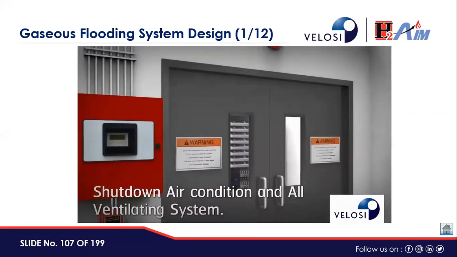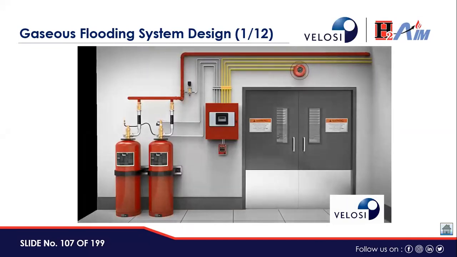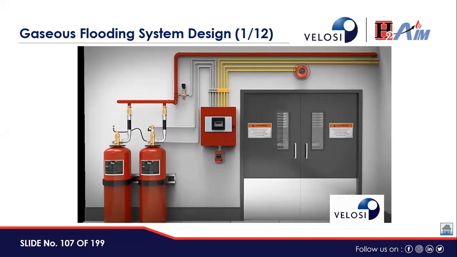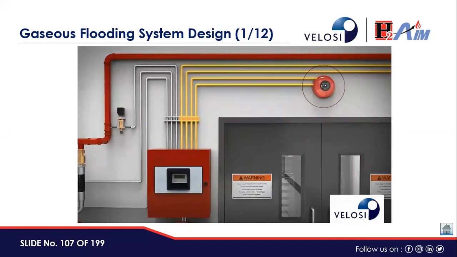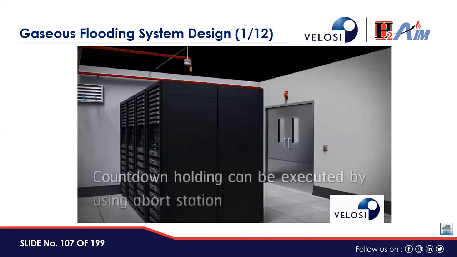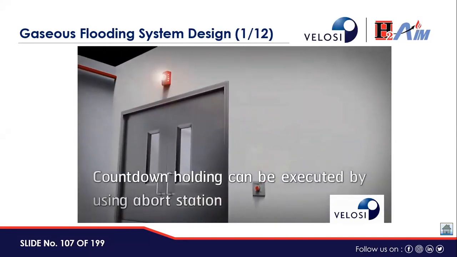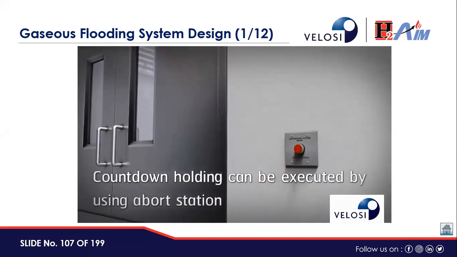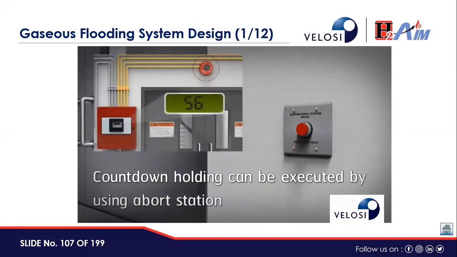Then all the air conditioning and all the ventilation system is shut down. So there is a 60-second countdown. For example, if it is a false or spurious activation, somebody can go and press that button to abort the process.